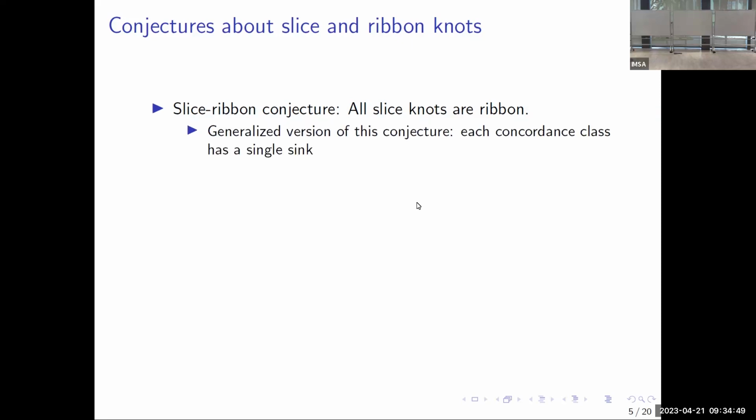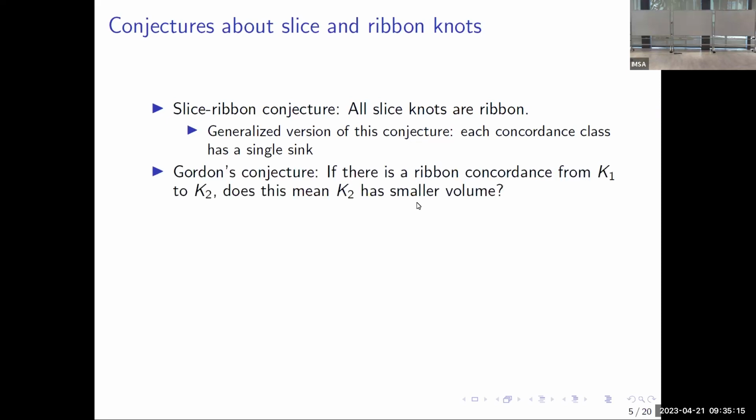And then you can ask a generalized version of this conjecture: if you consider concordance classes of knots, so you take all your knots and consider two of them to be in the same concordance class if there's a concordance between them, then you can ask, does each concordance class have a single sink? I'll talk a little bit more about this later.